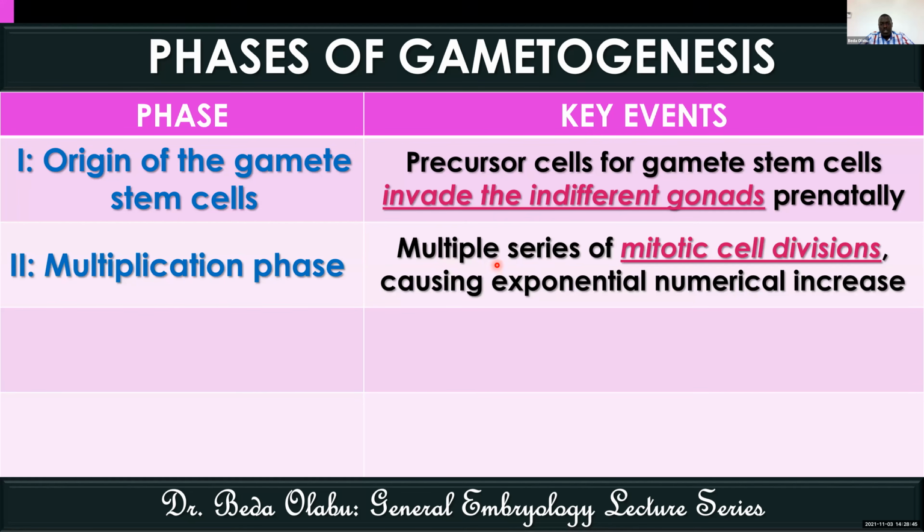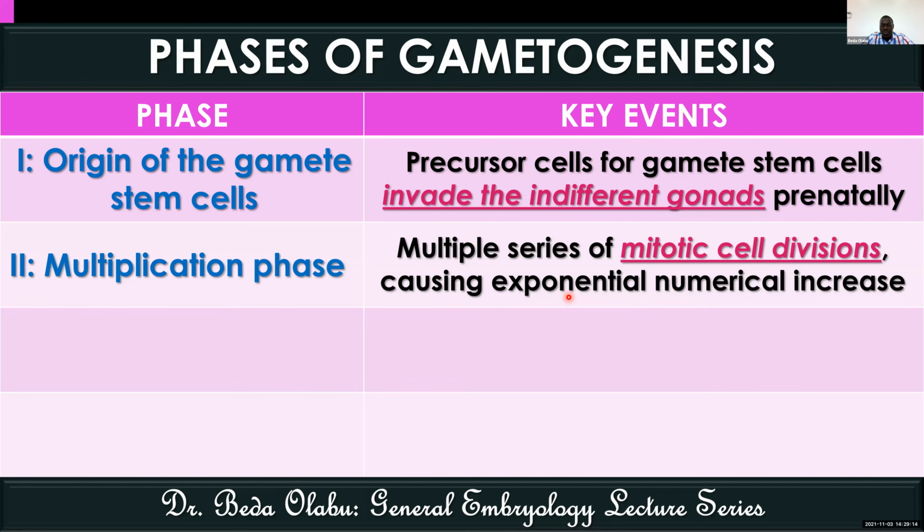If you have multiple series of mitotic cell division, we are going to have an exponential increase in the number of the gametes. I'm using the term exponential here intentionally. This is a mathematical term. Remember from earlier training, if you have 2 and you add 2 to it, it becomes 4.